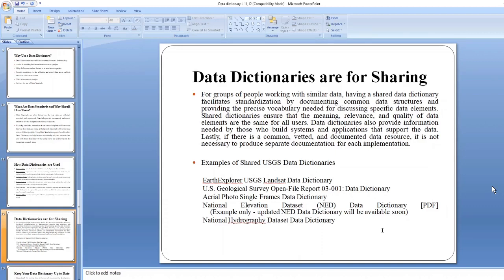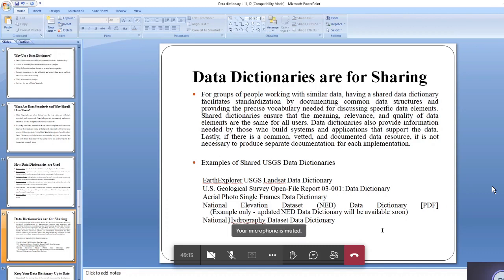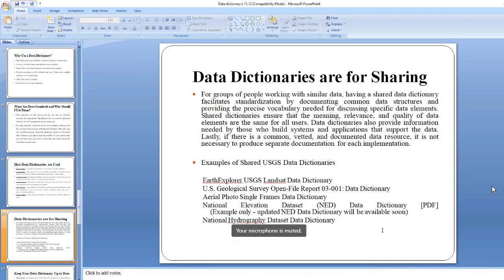So these are all available. You can click on these links and see how they have shared their data with other people, what they are working on, and how that can be used by other people to understand those situations or conditions, or they can use those data to build their own projects also.